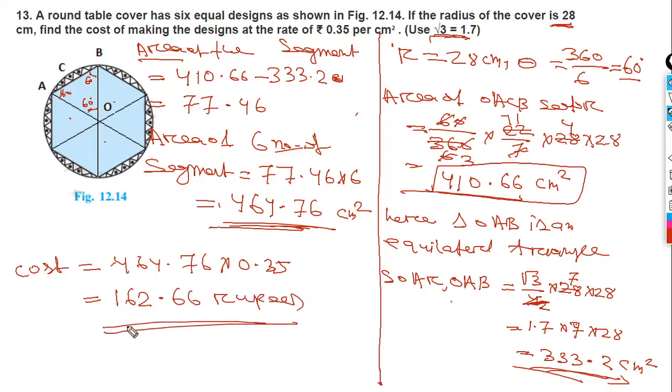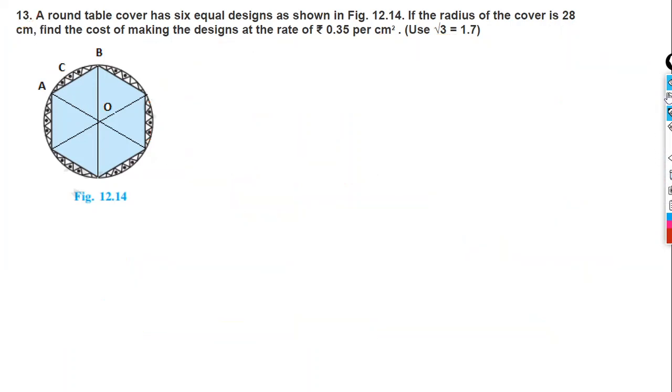So this much rupees you have to pay for the design of these 6 equal segments. So I hope you have understood. Now we'll move to the next and the last question.